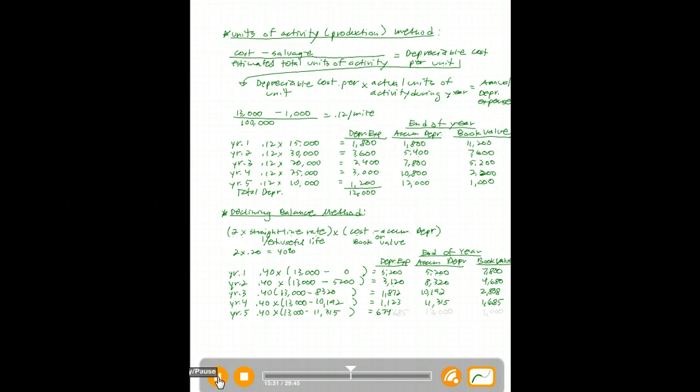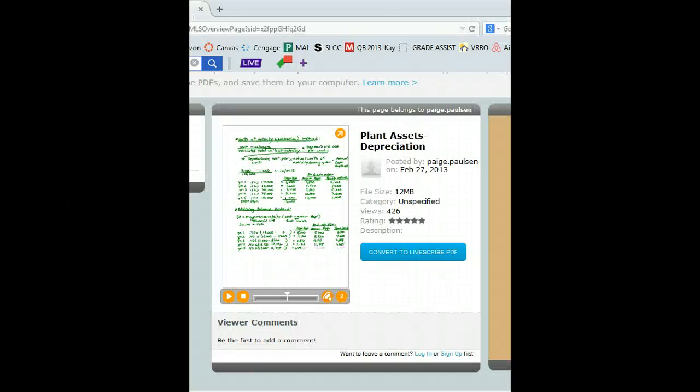We have to depreciate 685 so that we end up with a book value of 1,000. So I'm going to cross that off, and we're going to depreciate 685. So our accumulated depreciation is 12,000 and our book value is 1,000.